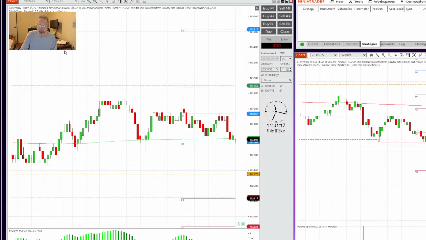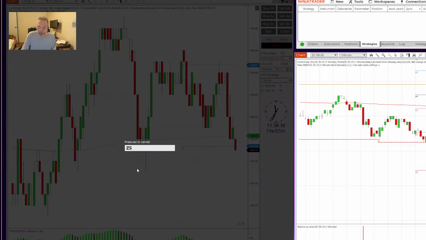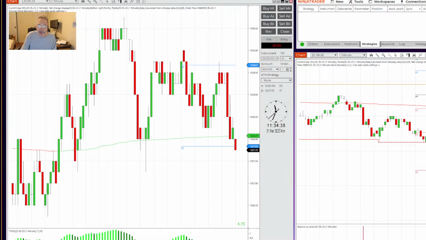If you know the prefix is ZS, you just type ZS on the chart and then double click the future down below. If you don't know the contract, look for the future after you type the prefix. Double click it. Most every time it'll put the correct instrument on the chart, ZS 525.